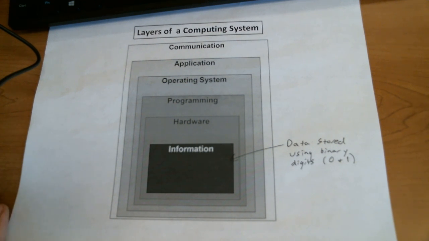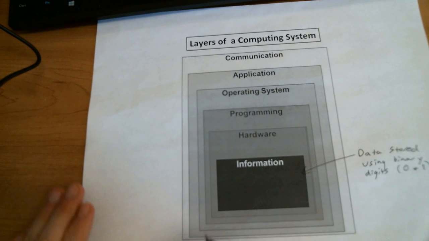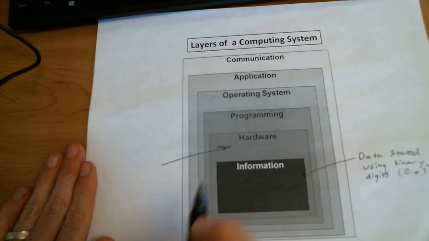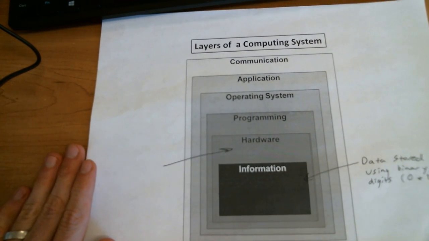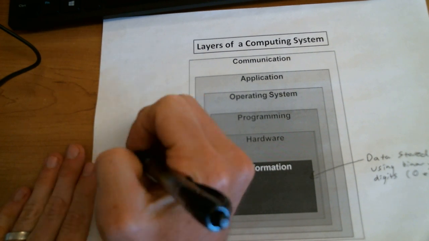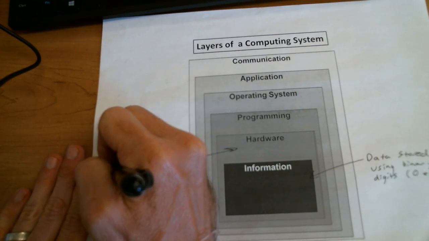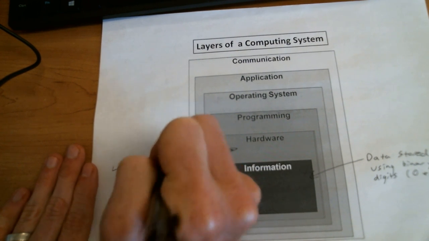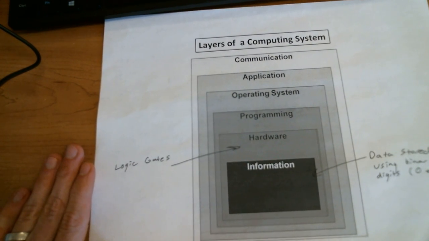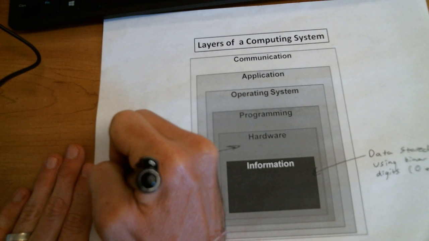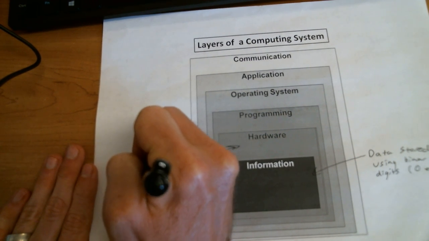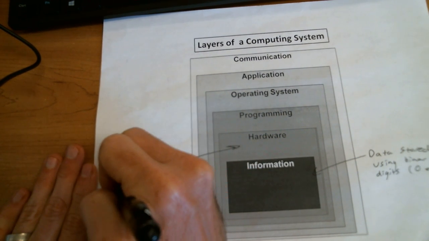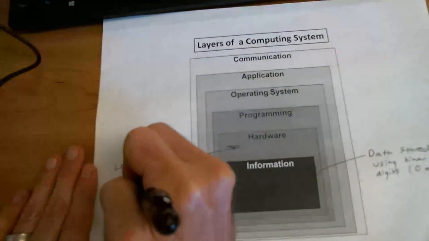All right, so once we get that done, we're going to move up to the hardware layer. That'll be the next thing that we look at. And the hardware layer involves things like logic gates. So we're going to look at how to design different logic circuits. Circuits control the flow of electricity.